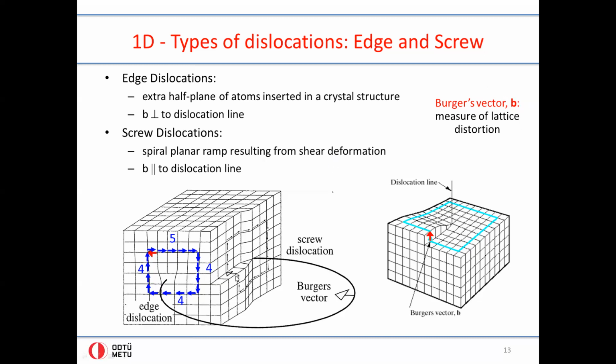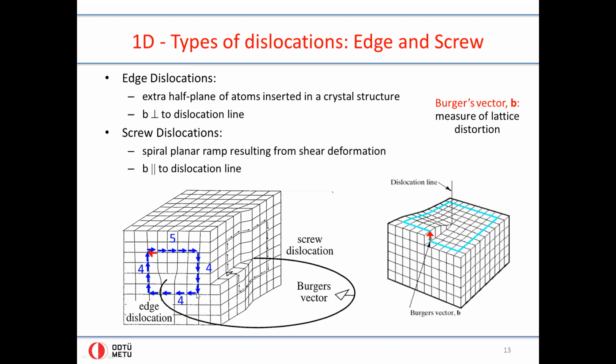So the Burgers vector in this case is the vector that completes this loop around the dislocation.